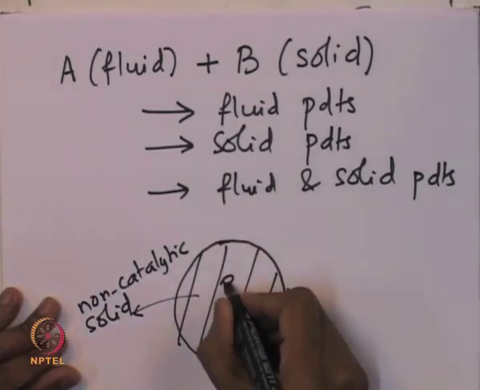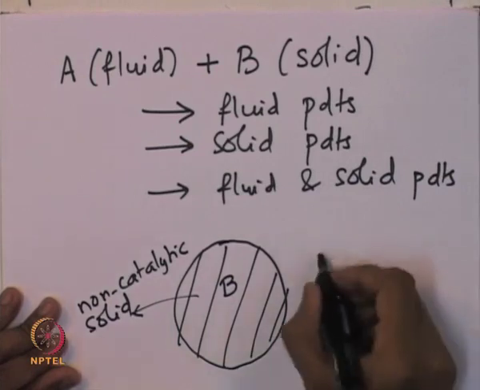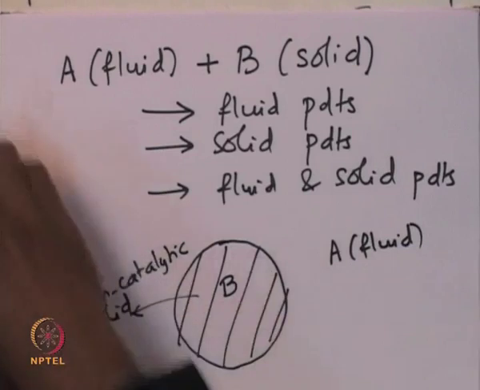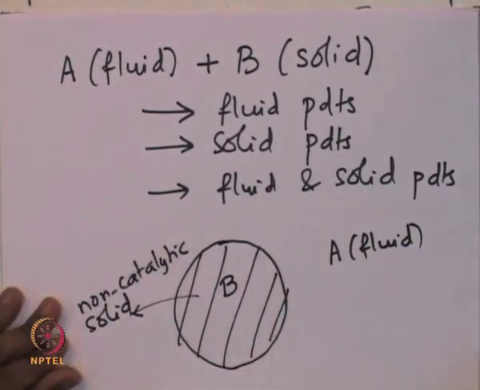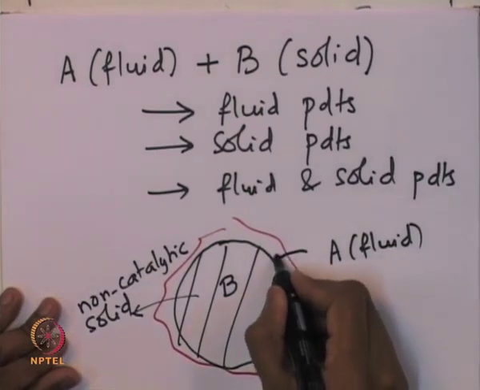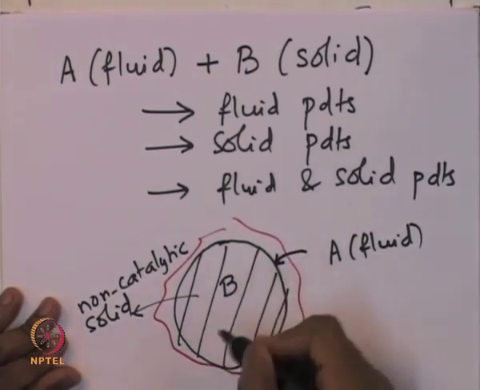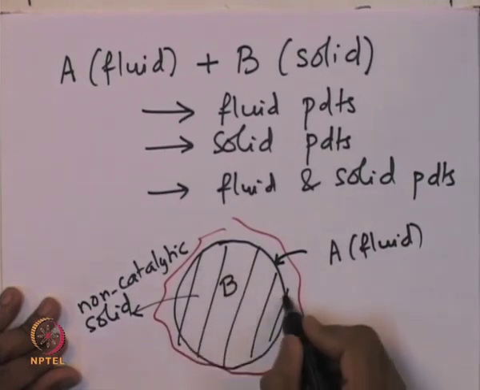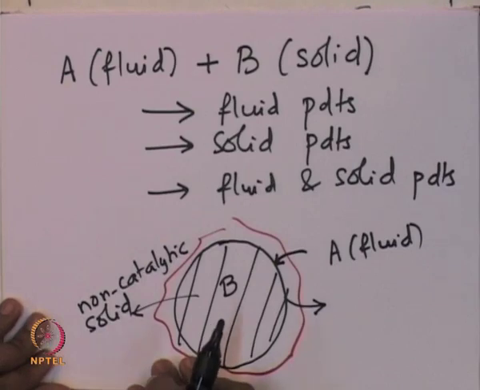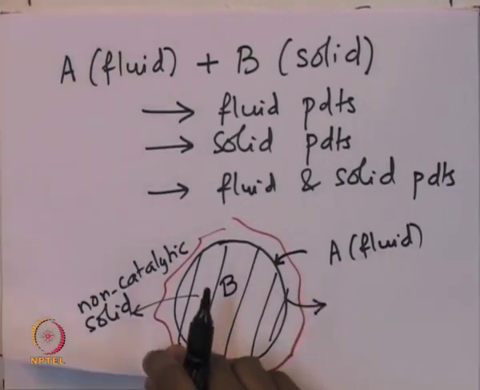Suppose B is that particular reactant and A is in the fluid stream present around the solid. The species A now moves into the solid and reacts with the species B, and then the product is removed. Remember that it is a non-catalytic system. Now there are two possibilities.